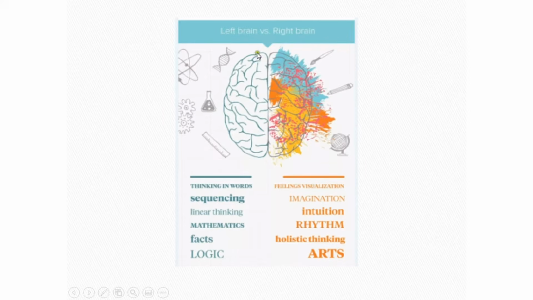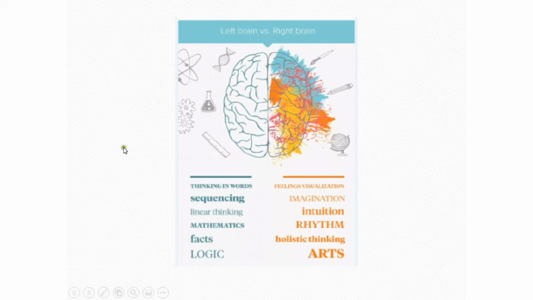As I've mentioned earlier, the left-hand side of our brain is that part of our brain that is good with thinking in words, sequencing, linear thinking, anything that has to do with mathematics or numbers, facts as well, logic. That is that part which is on the left-hand side of our brain.